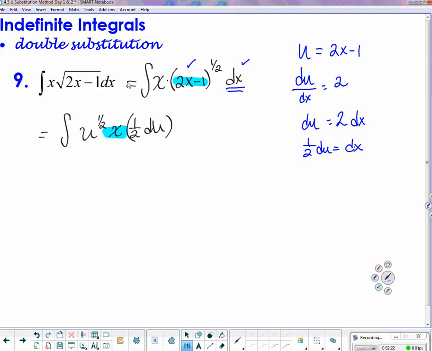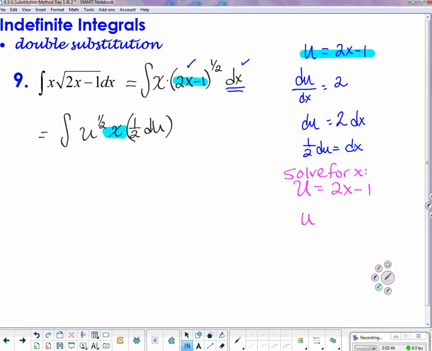If you think about it, go back over here where we had established u equals 2x minus 1. That gives me a relationship between u and x. So I could take this and solve for x.